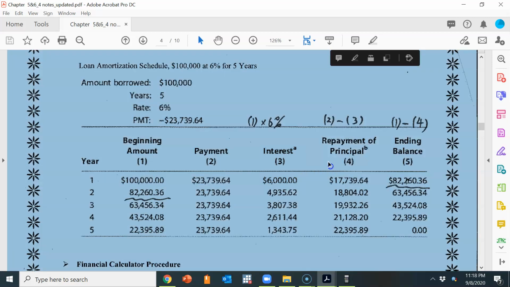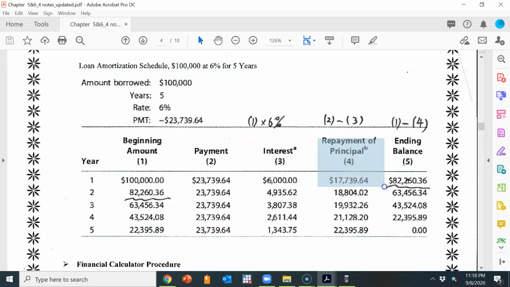Next, we try to calculate the principal repayment for the first year. How do we get column 4 here for the first year? Right, we can just use column 2 minus column 3. We just use the total payment we're paying in the first year minus the interest payment we pay for the first year.